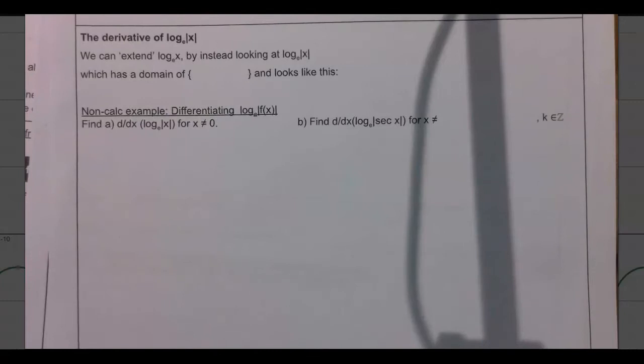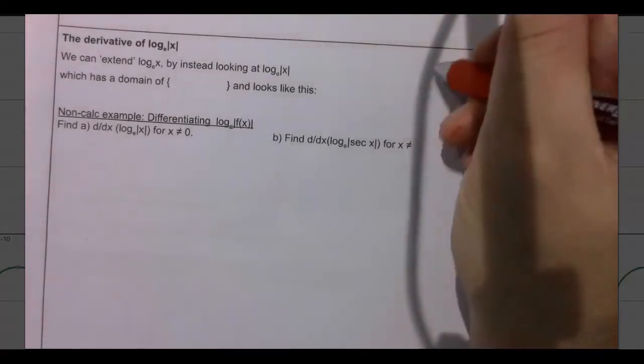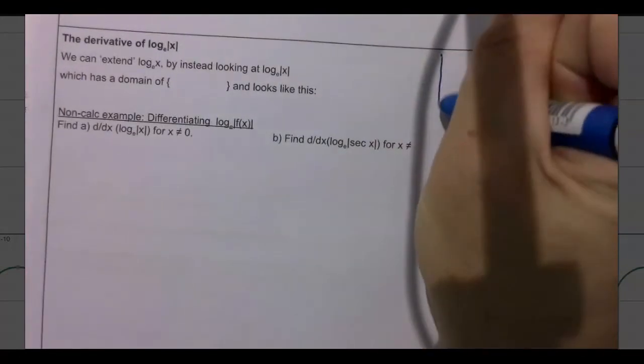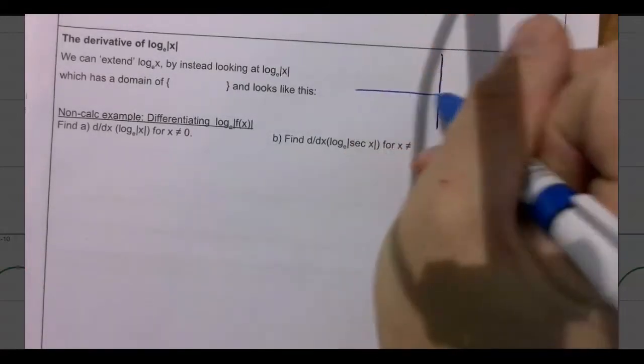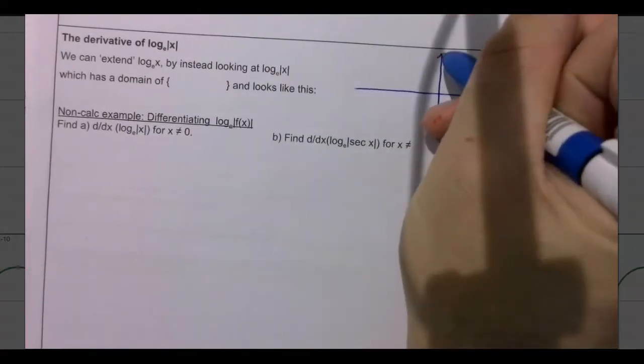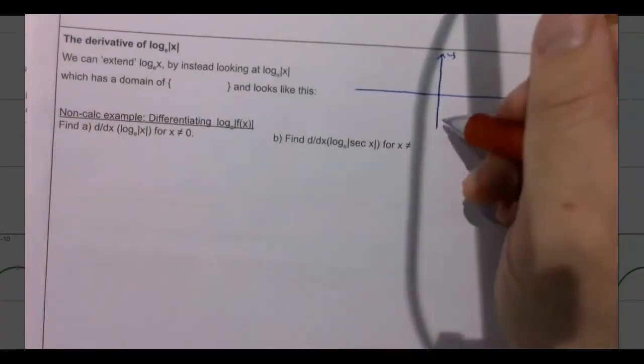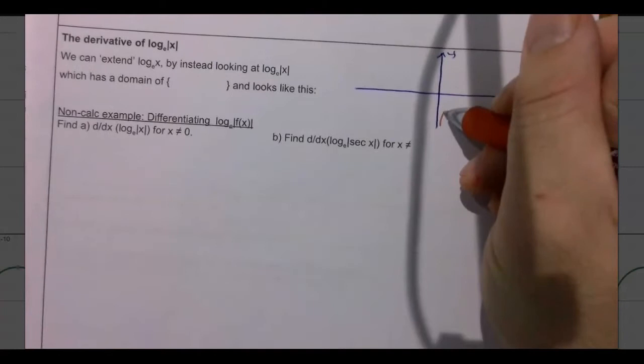The one thing that using the modulus allows us to do is to expand the domain of the natural log. So if I think about what the graph for log x looks like, hopefully we're comfortable with the fact that the y-axis is an asymptote.